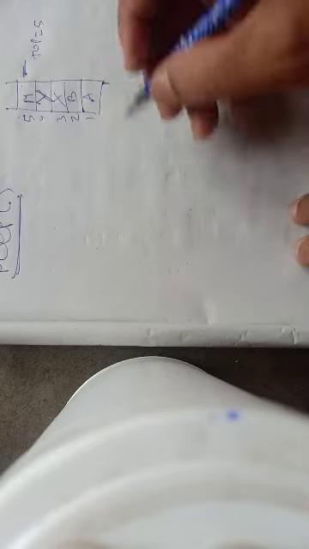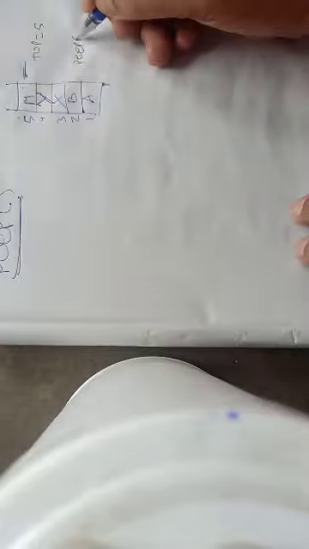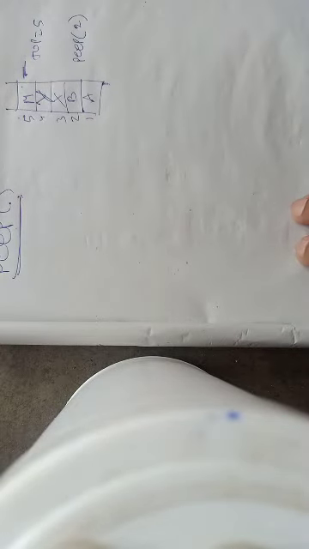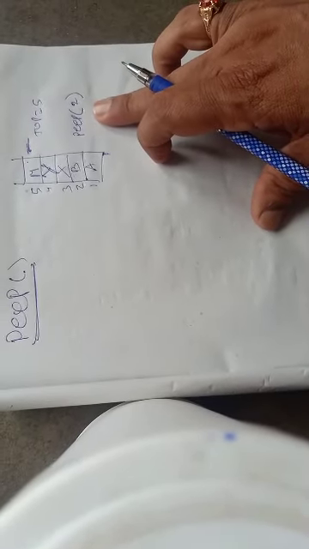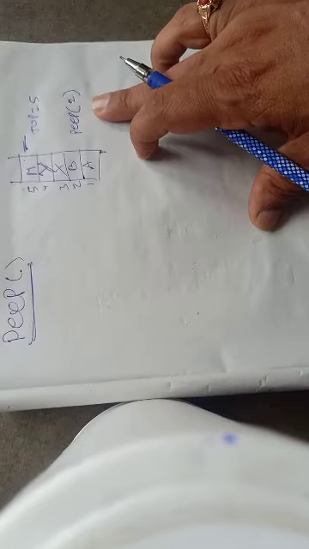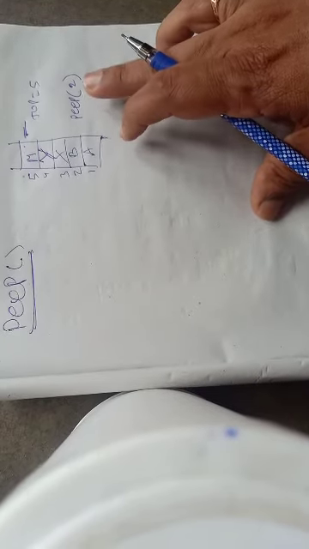Let's say that number is I. The operation will return the ith element of the stack. Suppose I say peep 2. Peep 2 means what is the second element of the stack from the top. That value will be returned.